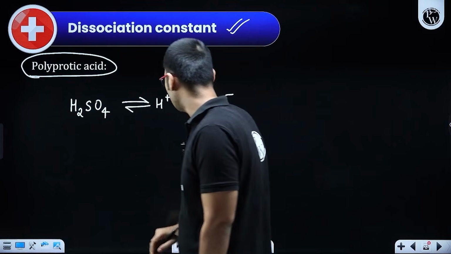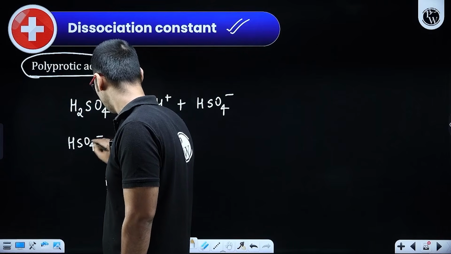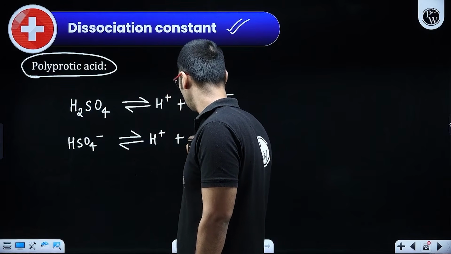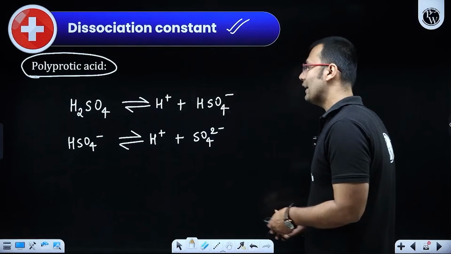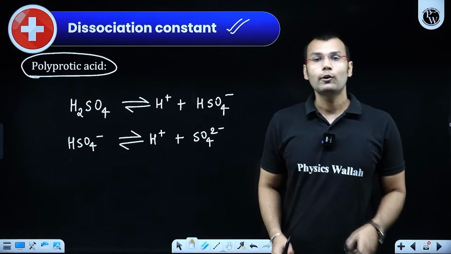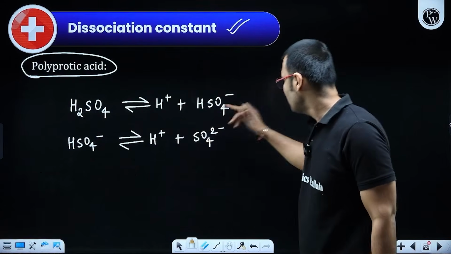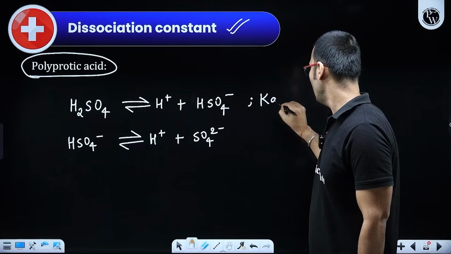In the second step, the HSO4 minus part will further lose one more H plus and finally convert into sulfate ion. So H2SO4 will ionize in 2 steps, and for both the steps the dissociation constant will be different, right? Like here in the first step, let's say that dissociation constant is K, because it is an acid, so Ka1.